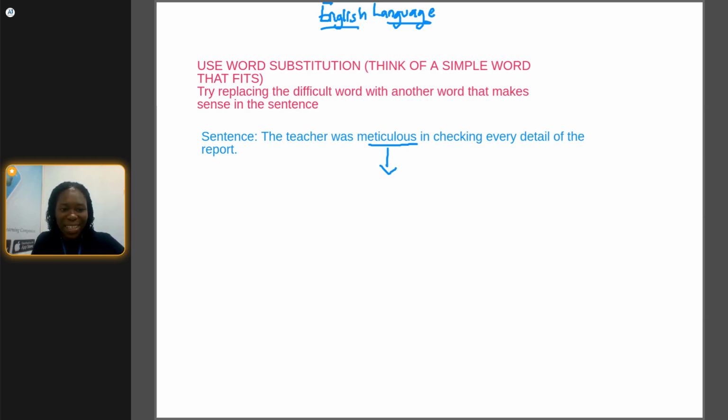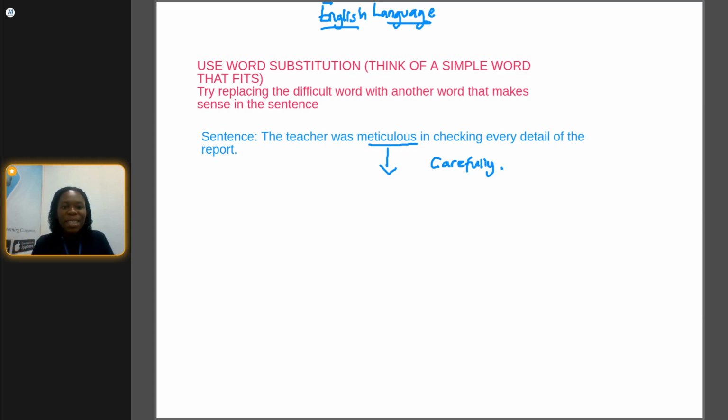Now you want to look at substituting carefully for meticulous. Do you think it really goes? So we can now have the teacher carefully checked every detail of the report. That's one way.